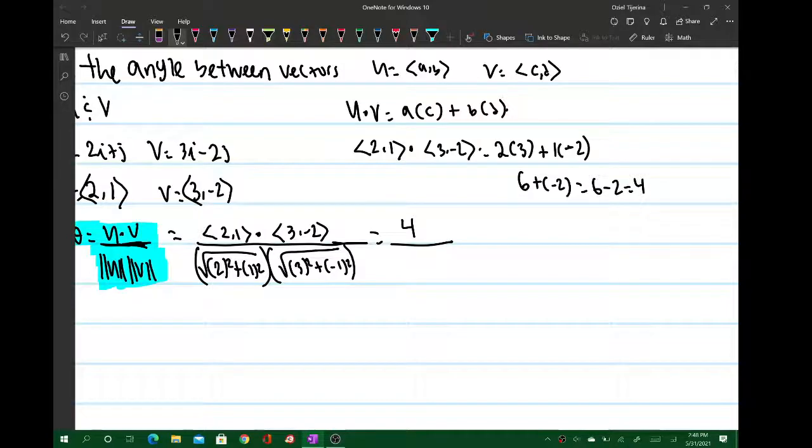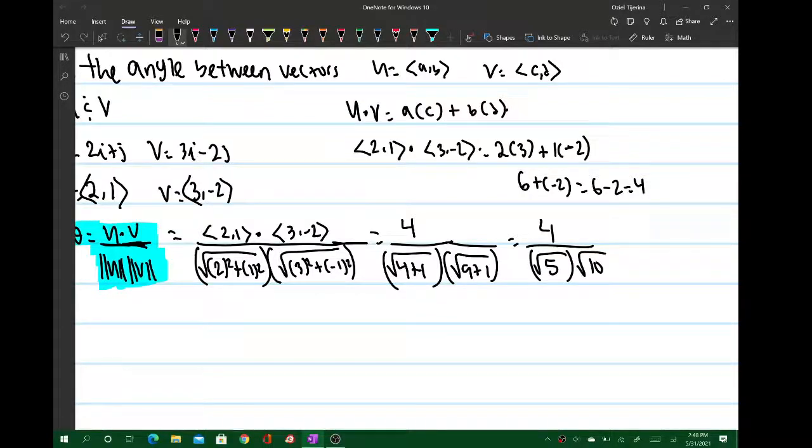And then we're going to do over the square root of 2 squared, that's 4, plus 1, times the square root of 3 squared, which is 9, plus negative 2 squared, that's 9 plus 4. So then we have 4 over the square root of 5 times the square root of 13.